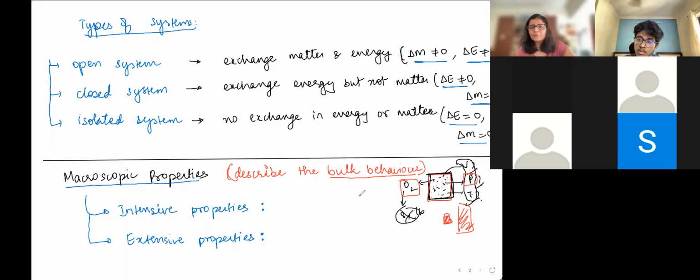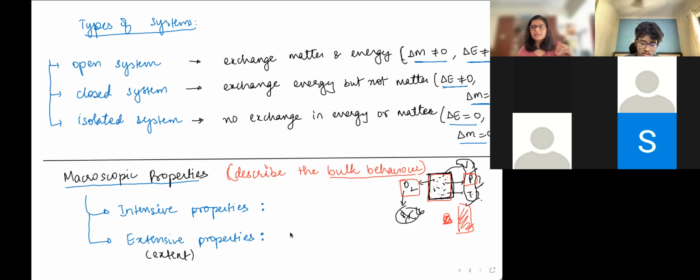So an intensive property is something that's intrinsic, you can say. That's the nature of that thing. I'll describe extensive property first, and then intensive will start making sense. An extensive property is something that depends on the extent of the substance.